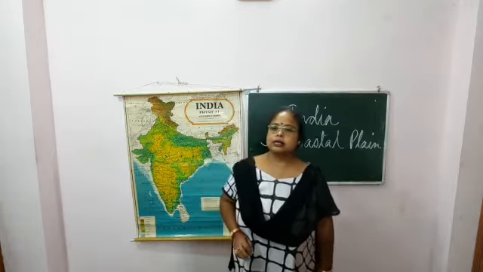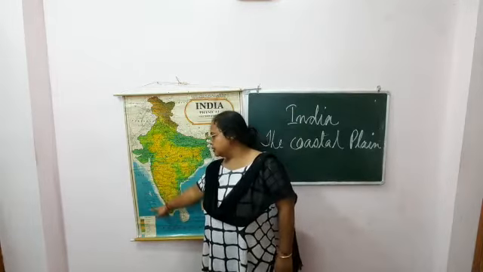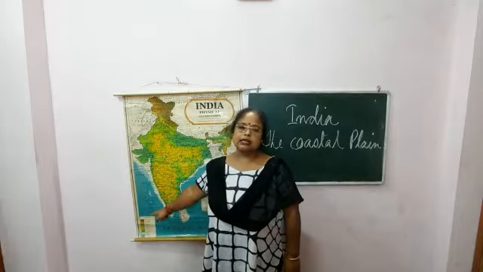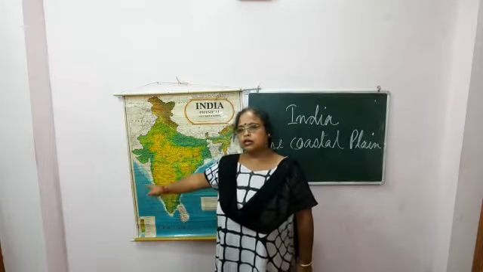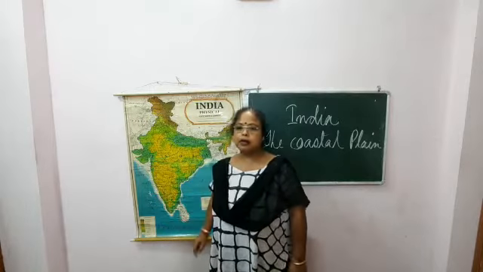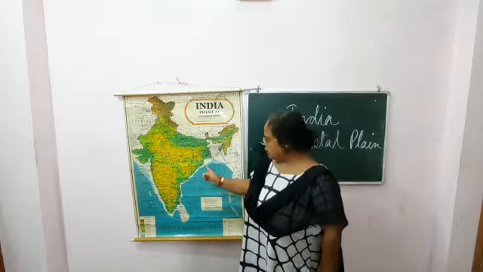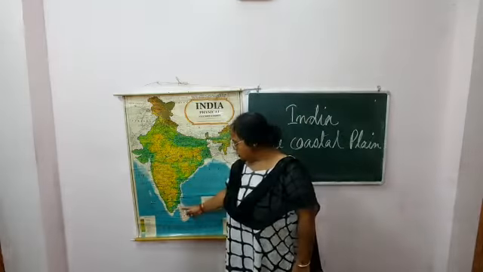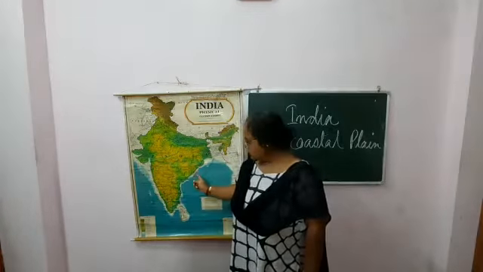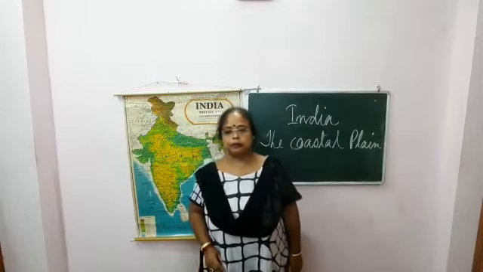The coastal strip that lies along the Arabian Sea, on this western side, is known as the western coastal plain, and wherever the Bay of Bengal is, this part is known as the eastern coastal plain.